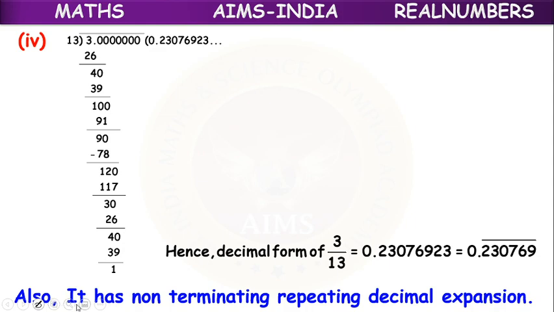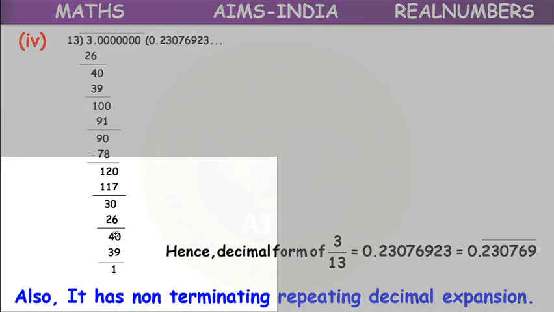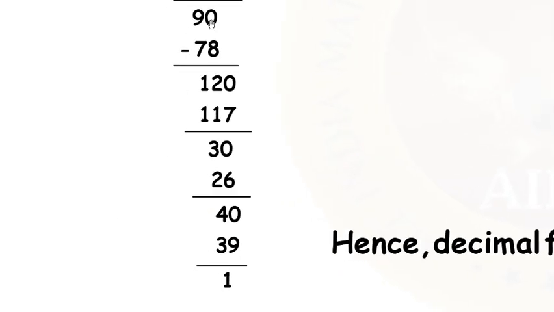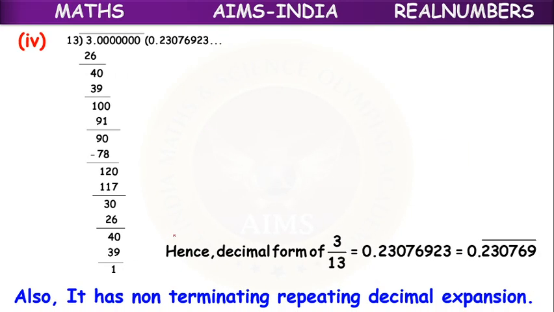So like that, if we go on dividing: 13 6s are 78. 120. Again 13 9s are 117. Again 30. 13 2s are 26. Again 40. 13 3s are 39. So the decimal expansion of 3 by 13 is this: 0.230769, again 23.